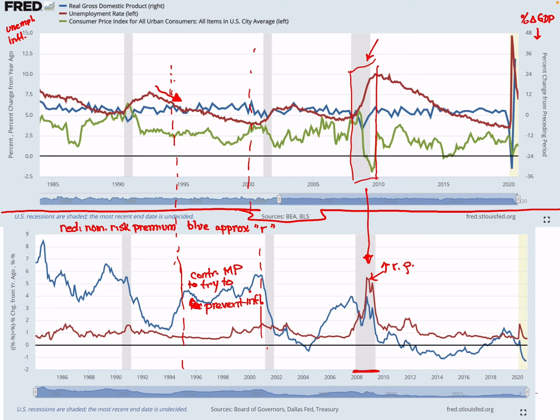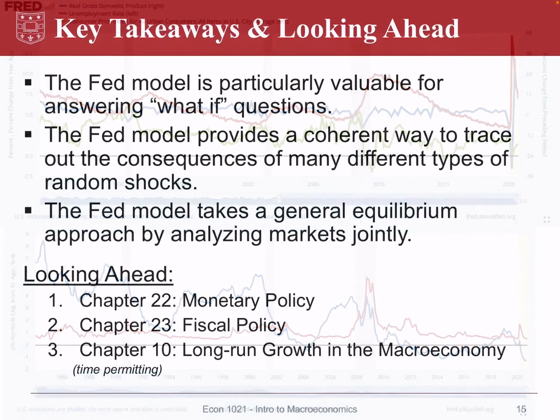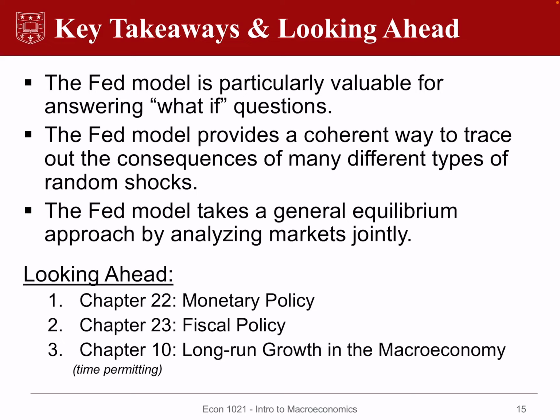So I think that, and you can look around at other spots in the data where it's interesting, but the key takeaway that I want from this is that I hope you think this is cool. I think it's cool. The Fed model is particularly valuable for answering these kind of what if questions, and certainly if we don't know where we are, we can look at some key macroeconomic variables like interest rates and unemployment rates and so forth and try to deduce what got us to the particular point.